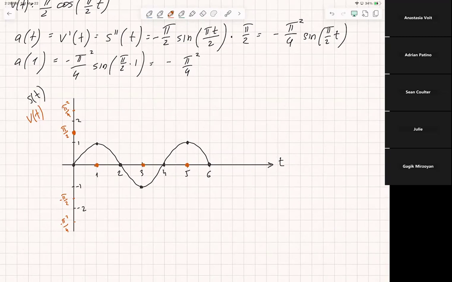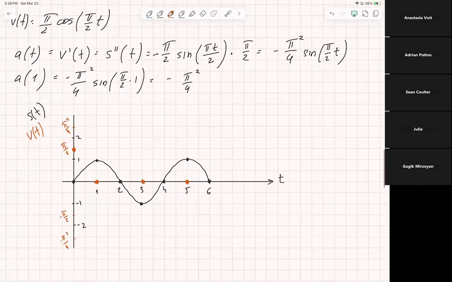And it makes sense, right? Because we have here a local maxima or minima for the position function, this is where the velocity will be equal to 0. Exactly. So if we draw it on one graph, that's where it is. Okay. And then let's check what happens here and here.